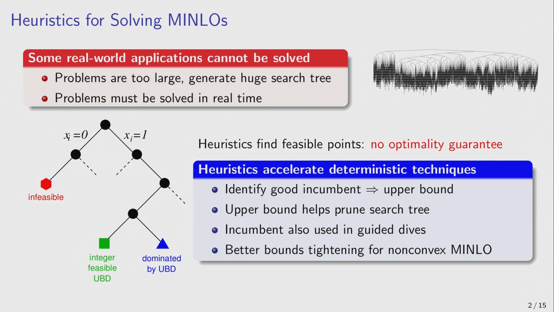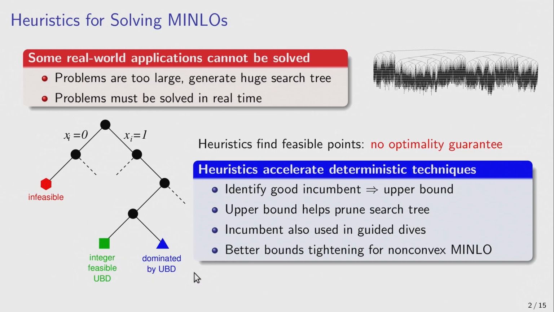So heuristics are really ways of finding a feasible point quickly, but without any optimality guarantees. It gives you an upper bound, a current solution that you could potentially implement. But they also help us with searching our branch and bound or branch and cut tree, because we identify good incumbent solutions quickly.